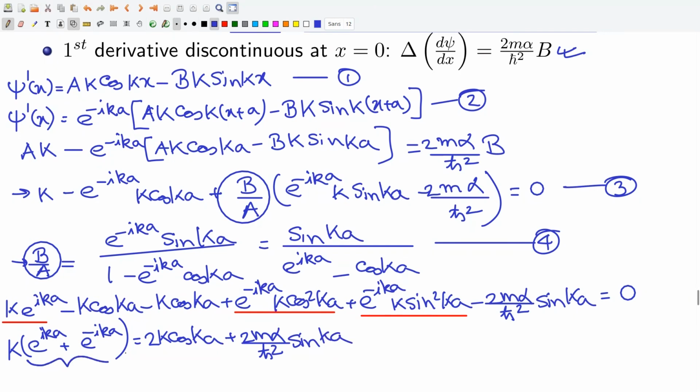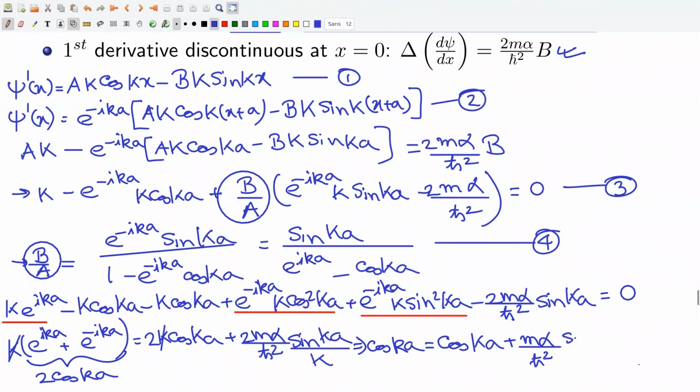Now this term is equal to 2 cos k a. We bring k to the right hand side such that we can rewrite this equation as cos k a equals cos K a plus m alpha by h cross square times sine K a by K.